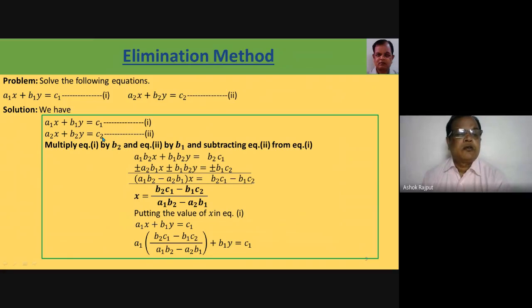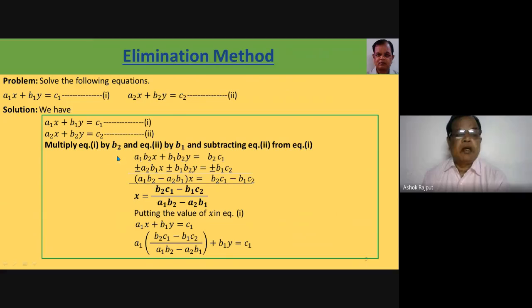So first we want to eliminate y here, so we will make the coefficients equal. Because here is b1 and here is b2, we will multiply this one by b2 and this one by b1.